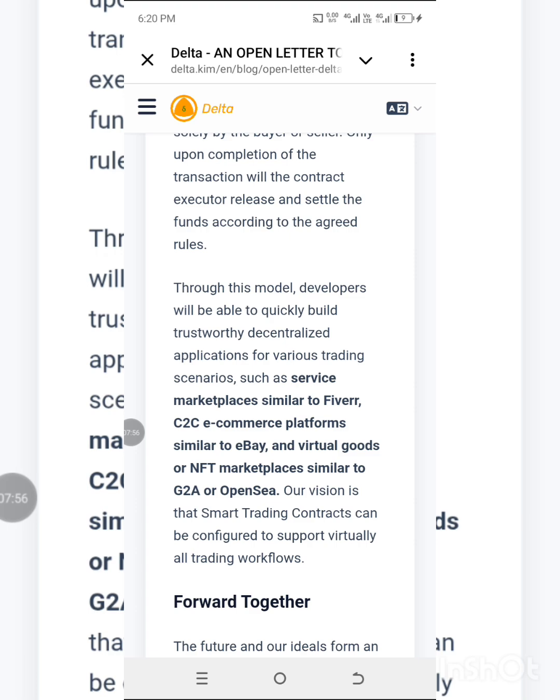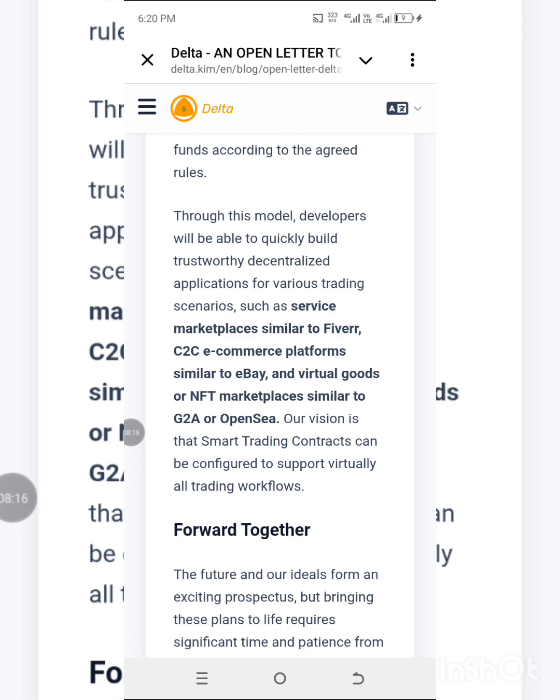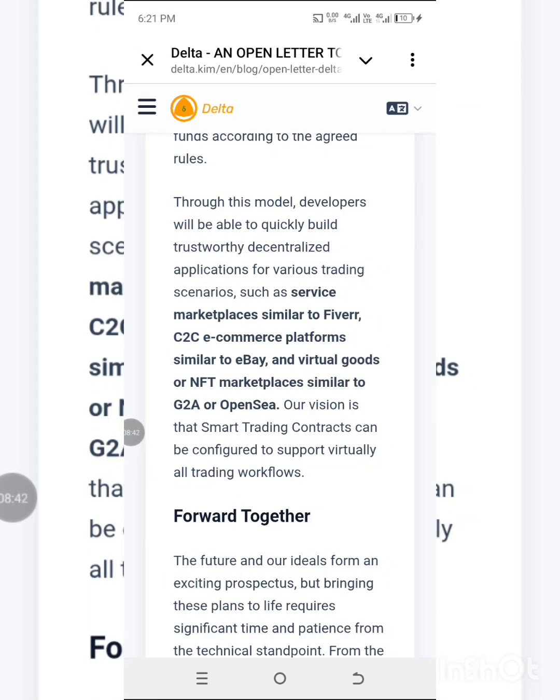And virtual goods or NFT marketplaces similar to G2A or OpenSea. For those of you who use these various apps, you understand what they are saying here. Our vision is that smart trading contracts can be configured to support virtually all trading workflows. Forward together. So that's that about smart trading contracts.